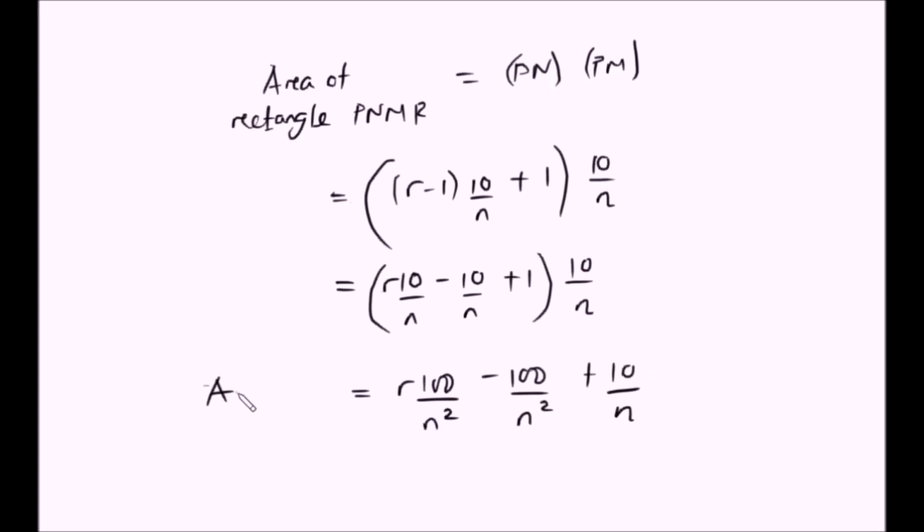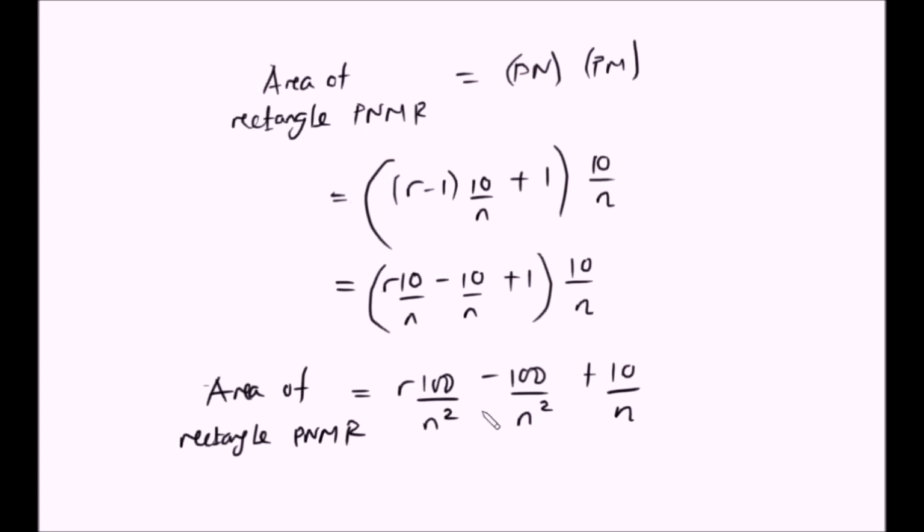So this one now is the area of rectangle PNMR. Okay, let me clear this. So the area of rectangle PNMR, I want to write it in a fresh page, is R times 100 over n squared. Did I write n squared, by the way?